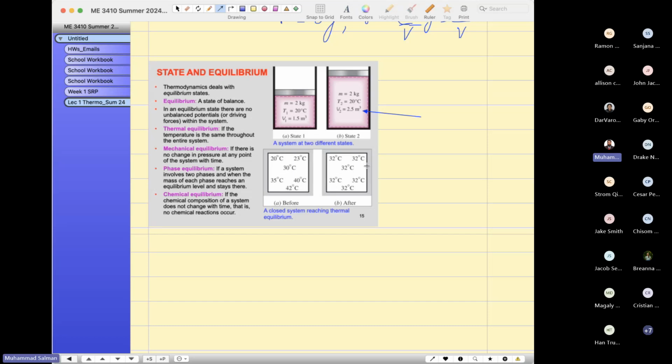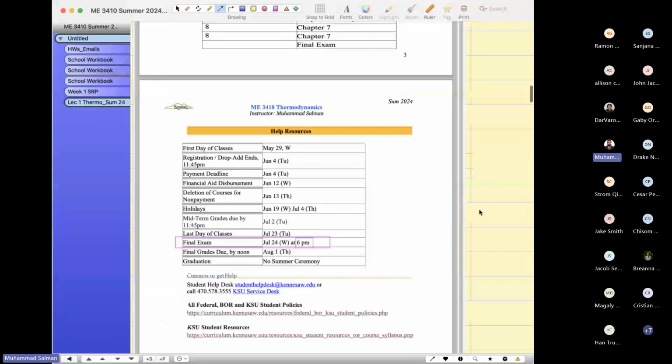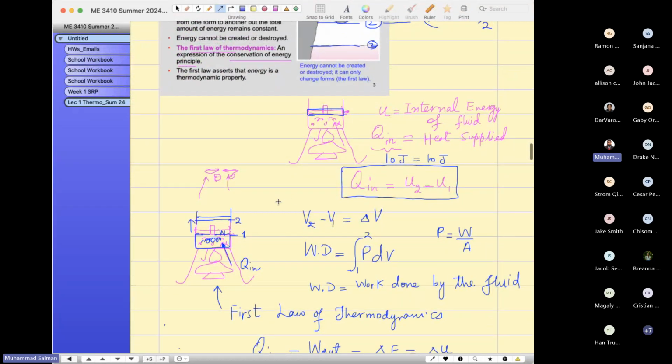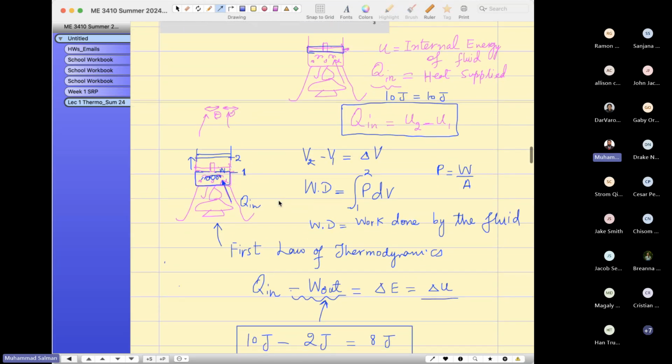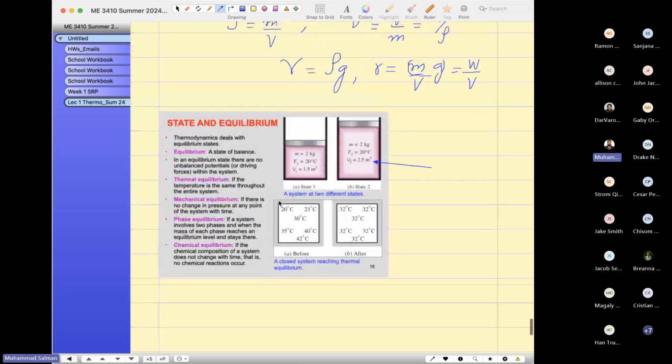No matter is entering or leaving, but heat can enter or leave the system. And I gave you an example of the conservation of energy principle in the beginning: in this closed system, the heat which you're supplying to the fluid is lifting the piston or lifting the lid upward.